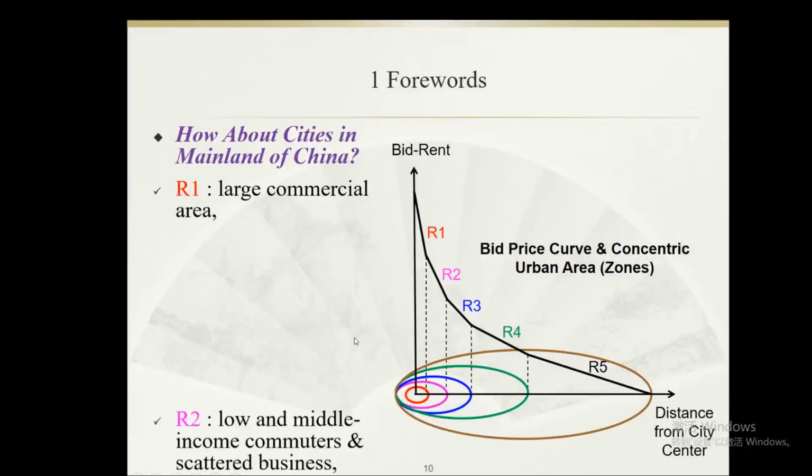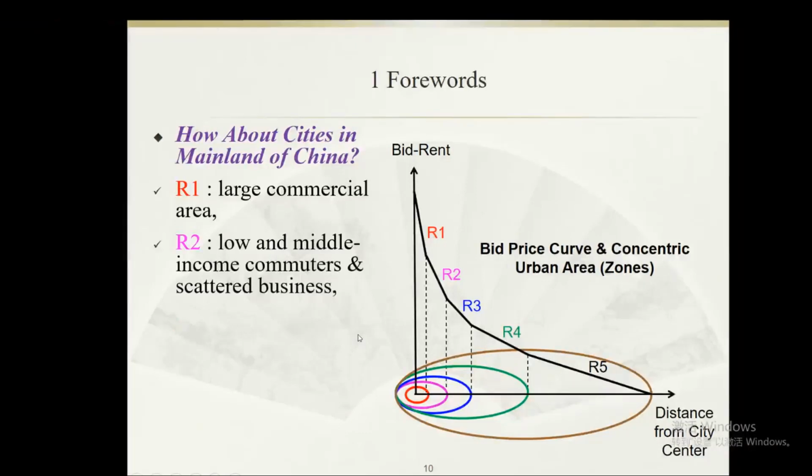R2, low and middle income commuters and scattered business. R3, high income families. Maybe these families do not belong to this city, but they live here sometimes.